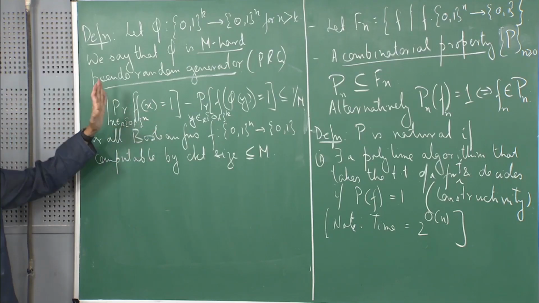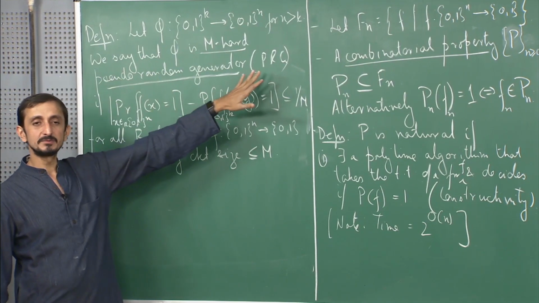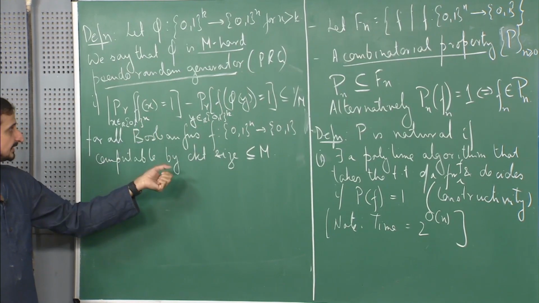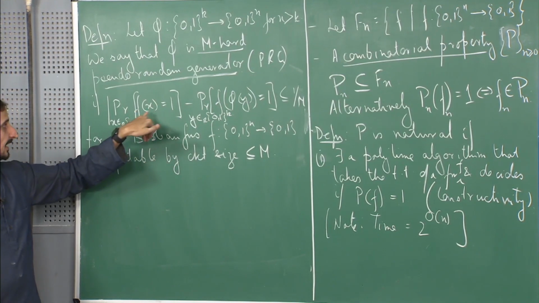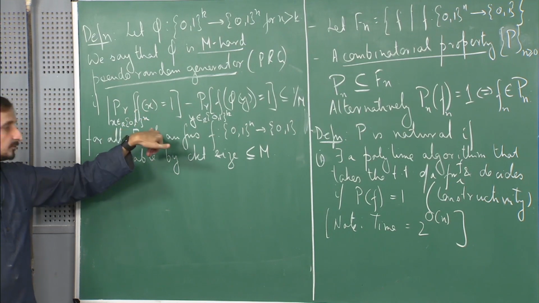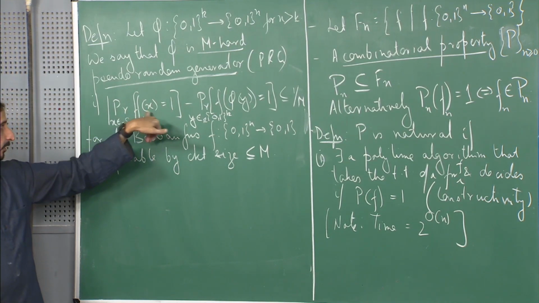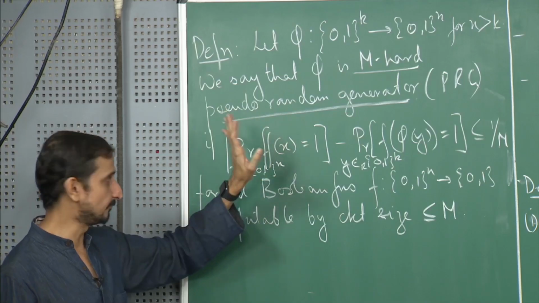What it is saying is that phi is a pseudo random generator if basically here I am sampling x from the uniform distribution. So x is sampled from {0,1}^n uniformly.